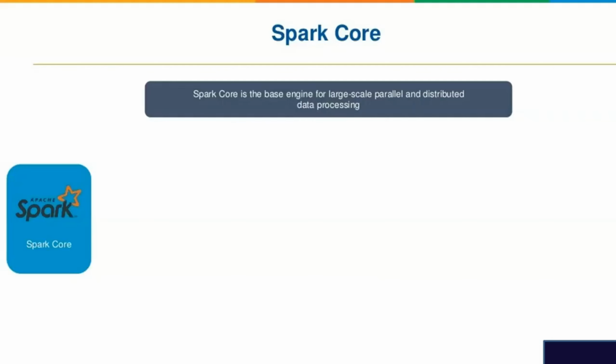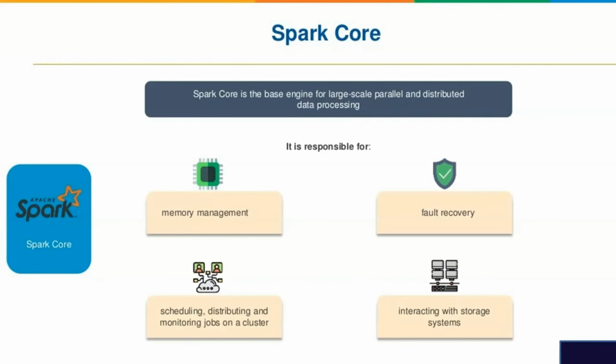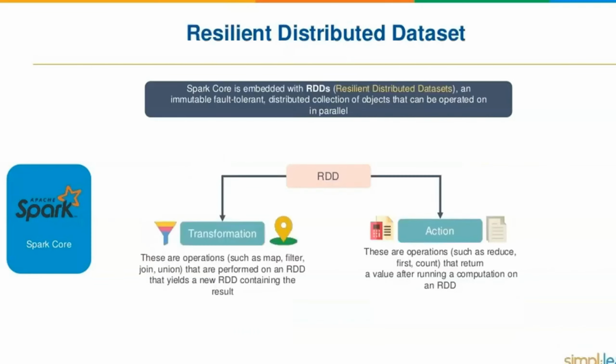Spark Core is the base engine, as I said, responsible for memory management, fault recovery, scheduling, distributing and monitoring jobs over a cluster, interacting with storage systems, and so on. Since it uses RDDs, and RDDs are immutable datasets, they do transformations and actions.